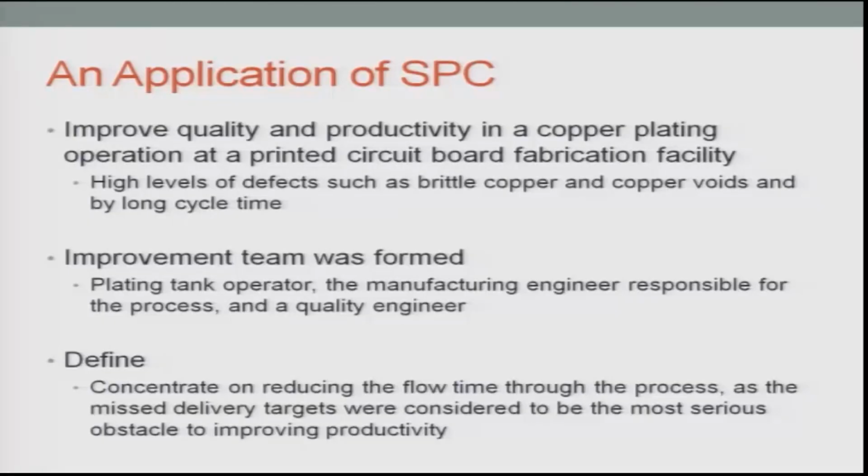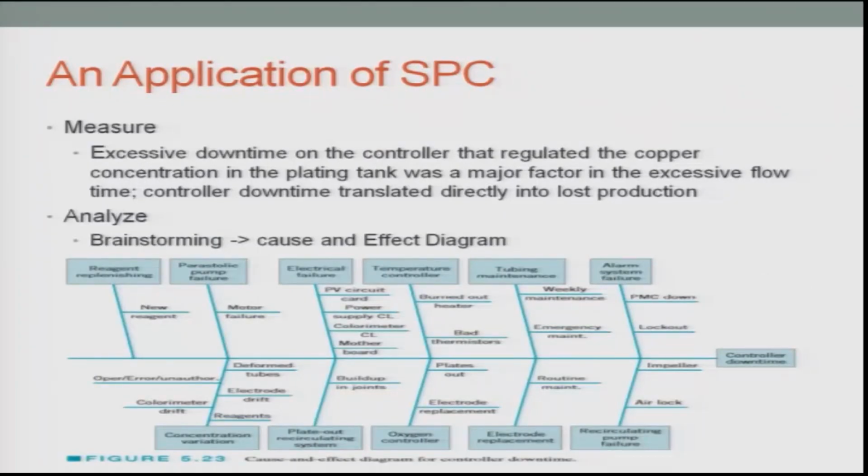They decided to concentrate on reducing the flow time through the process, as missed delivery targets were considered the most serious obstacle in improving productivity. Excessive downtime on the controller that regulated the copper concentration in the plating tank was a major factor in the excessive flow time. Controller downtime translated directly into lost production.